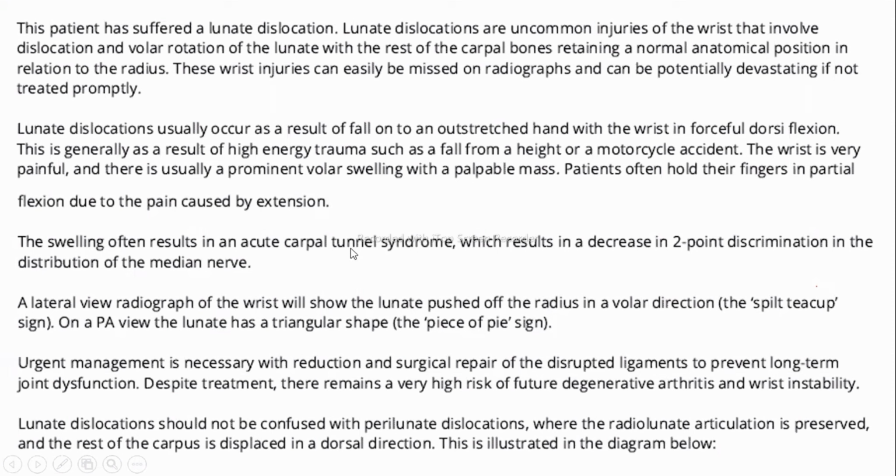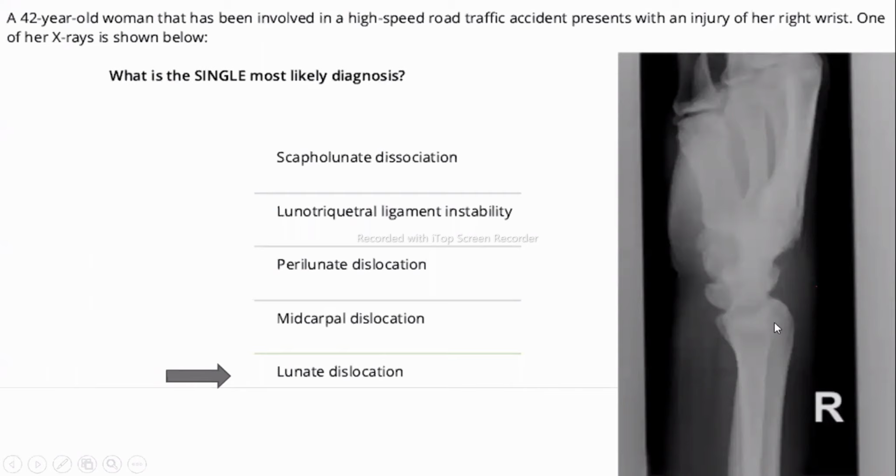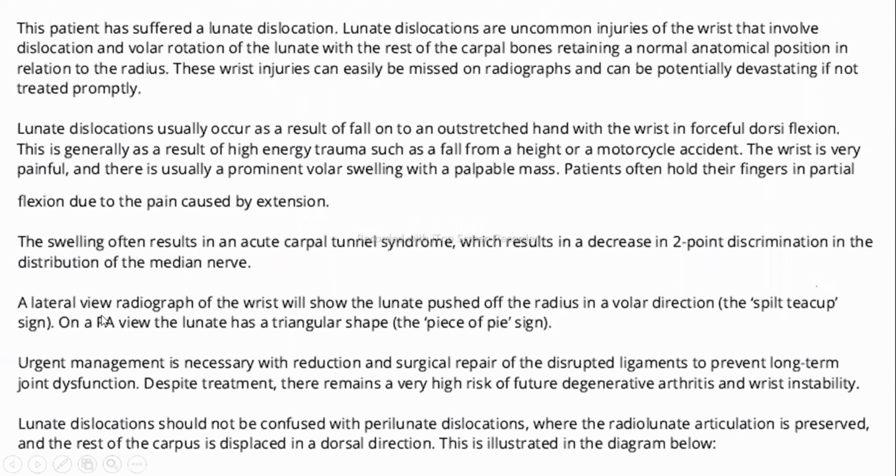If they ask you about the complication, what is the complication here? So which nerve? Median nerve. So if they ask you what nerve is injured, median nerve. Lateral view, so you will depend on the lateral.